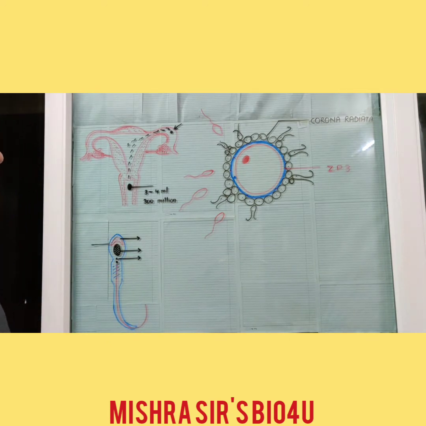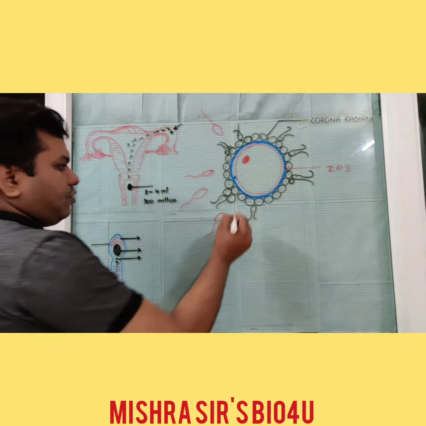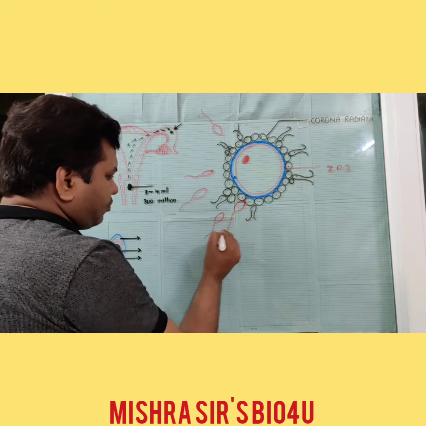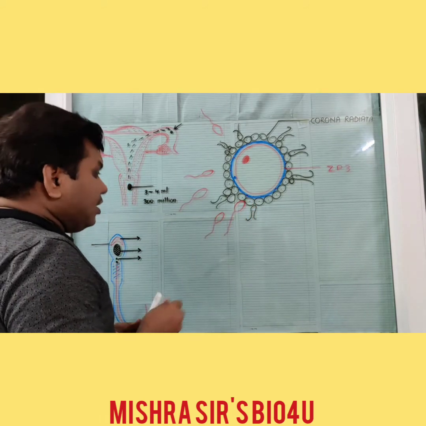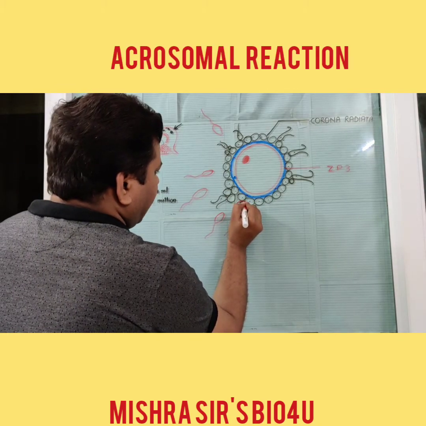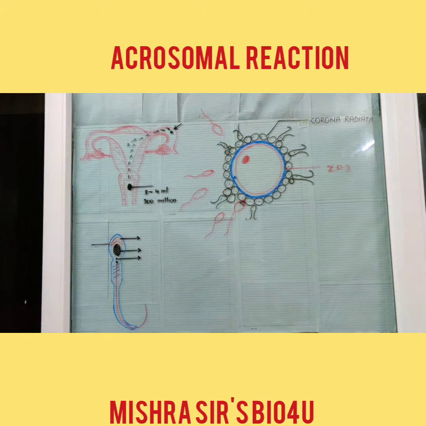Now let us consider the sperm has reached the surface of the ovum. The moment it reaches the surface of the ovum, immediately a step starts, which we call the acrosomal reaction. Acrosomal reaction means what?